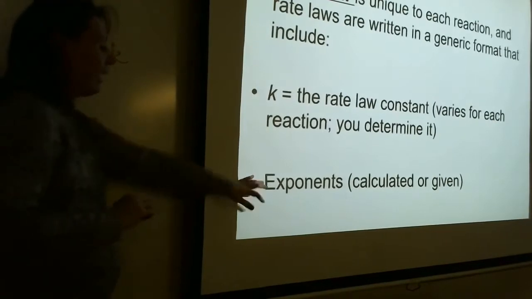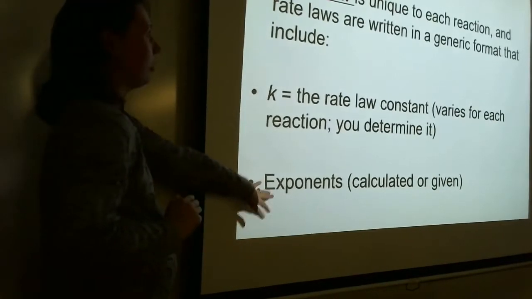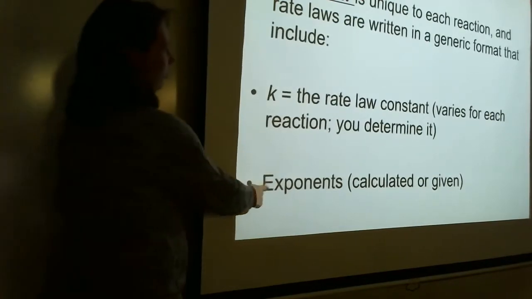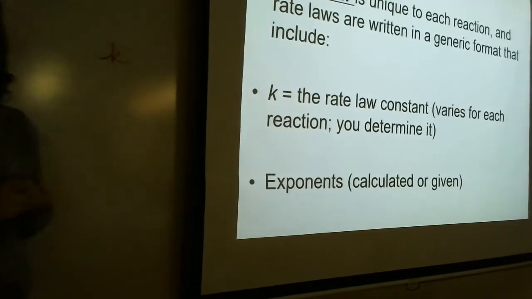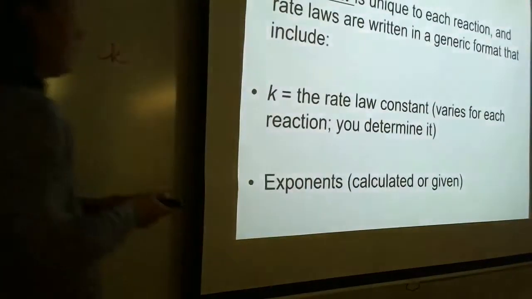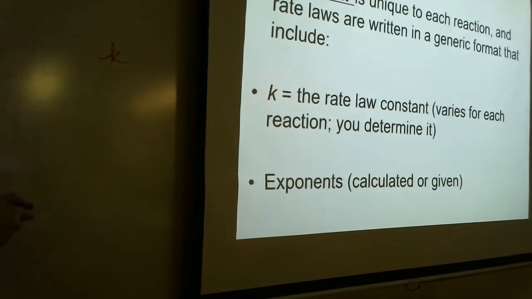And we're going to have exponents as part of our rate law as well. So our rate law will include a rate constant, which will be unique to every reaction, and exponents are going to be part of every rate law we write too. So the rate constant is unique, and then the rate law and those exponents will be unique.